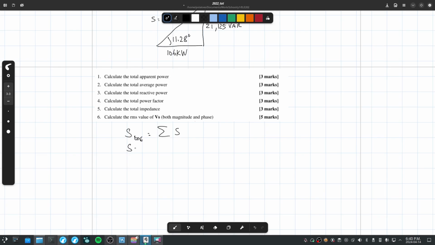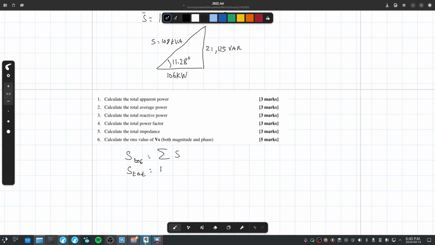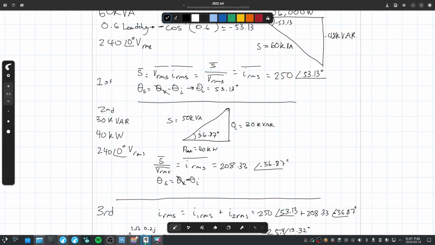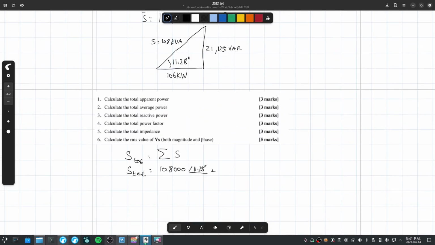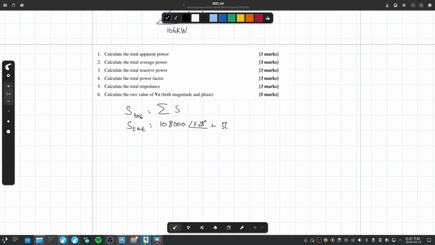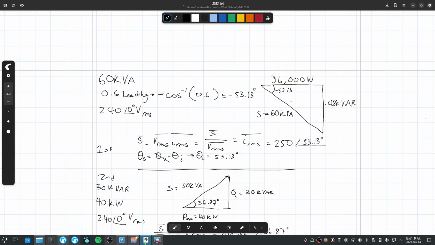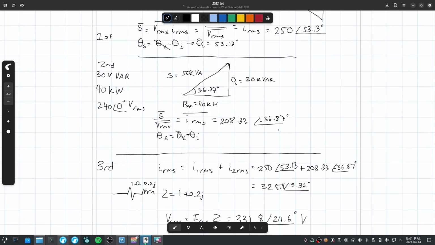So the total is 108,000 with a phasor of 11.28 degrees plus this one, 50,000 with an angle of 36.87, plus our first one, 60,000 with an angle of negative 53.13.